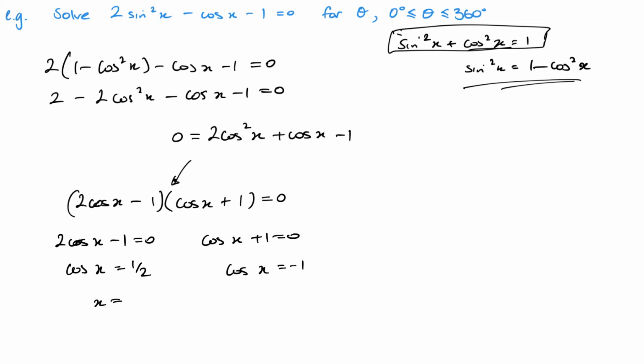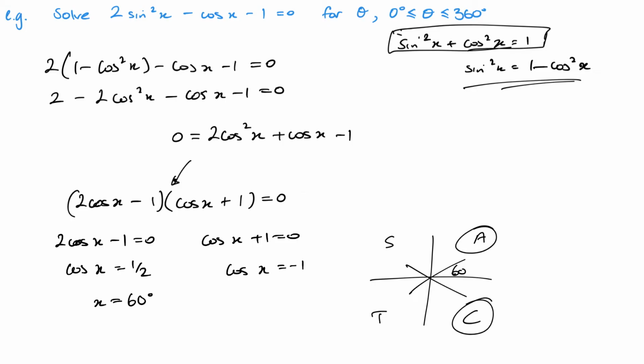And then from here it's about finding my angles. So immediately let's look at the acute angle. When I want to find the acute angle here, I'm going to get 60 degrees. And a quick look in my cast diagram, 60 degrees, cos is positive, so these two sections, we're going in the positive direction, and we want to go all the way as far as 360, so it's going to be 360 minus 60, so 300 degrees, and it's just the two answers.